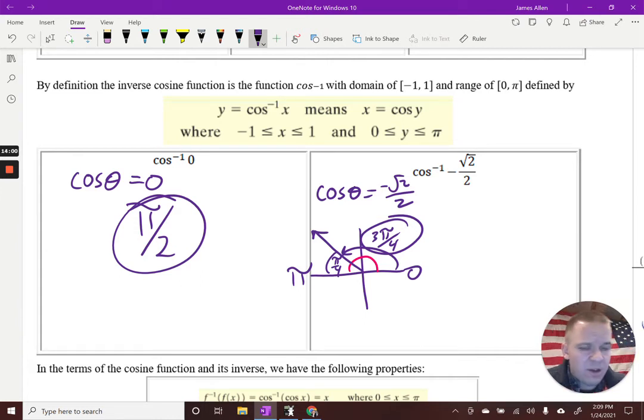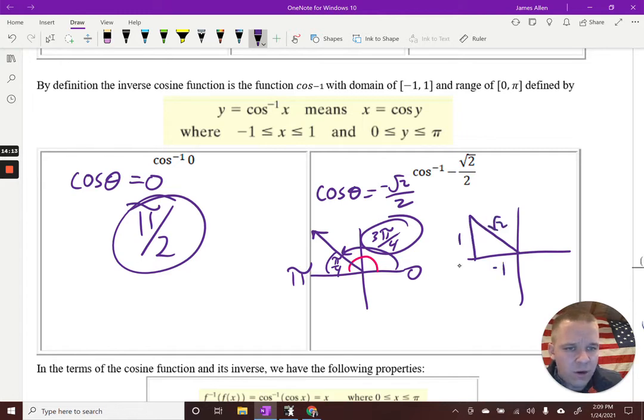And you could also think about this as a 45-45-90 special right triangle. I can draw my 45 degree reference, and it's going to be -1, 1, and √2. It's a little weird with the rationalized √2 over 2, not as easy to see, but you can see that this rotation right here is going to be 3 pi over 4.